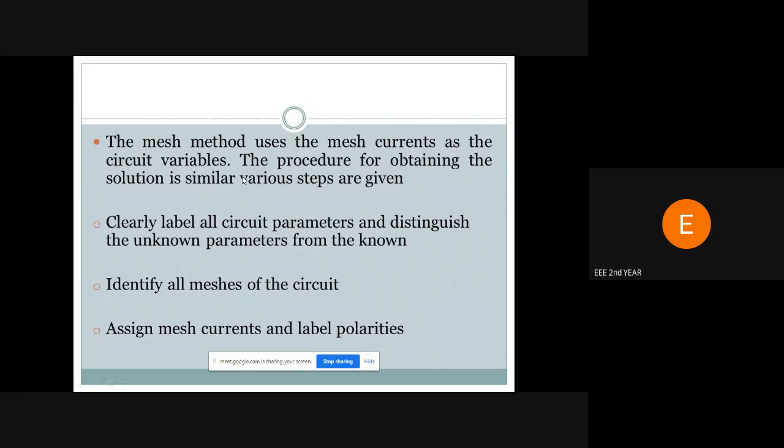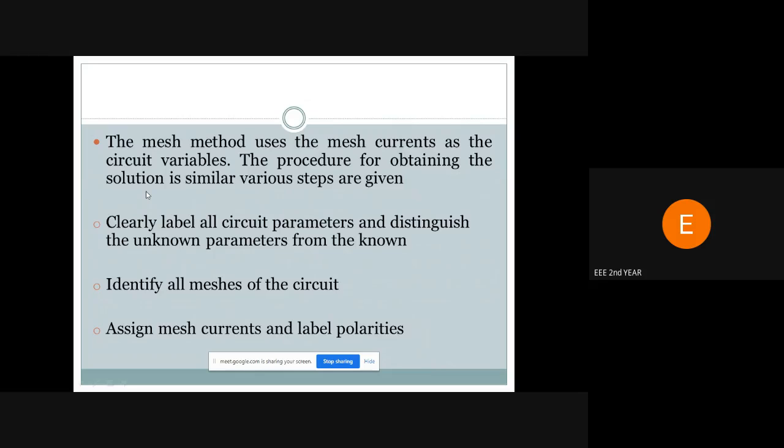That is why it is called the mesh current method or mesh analysis method.